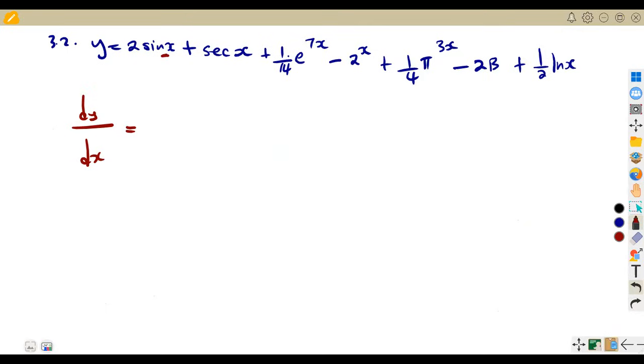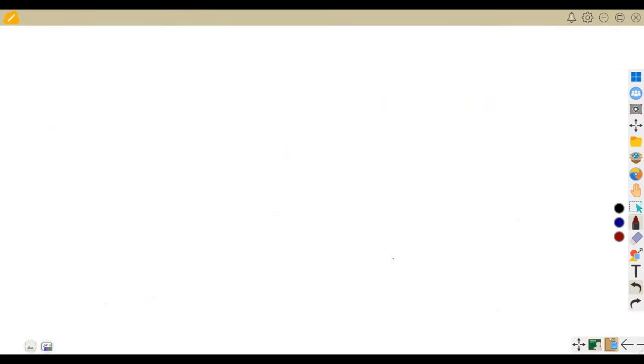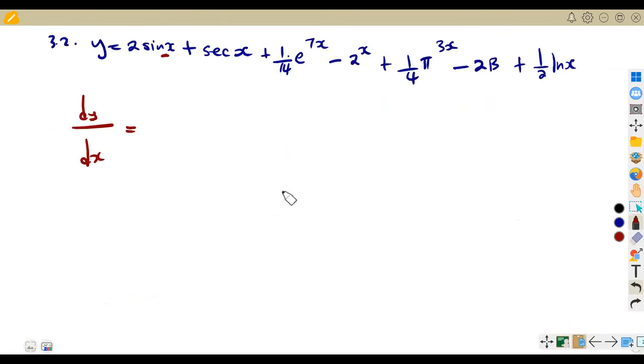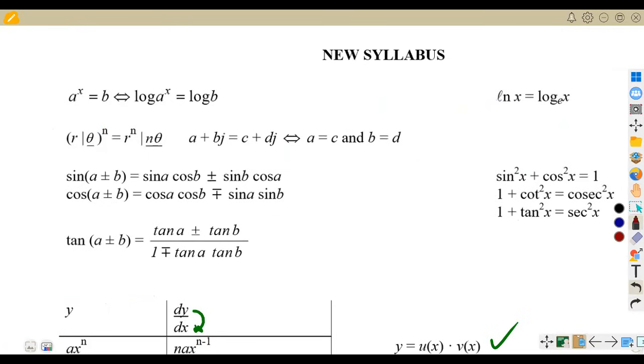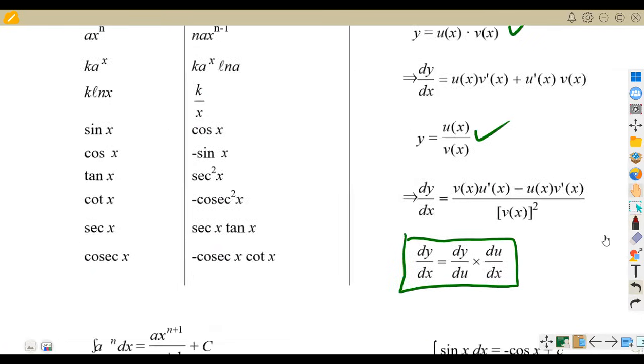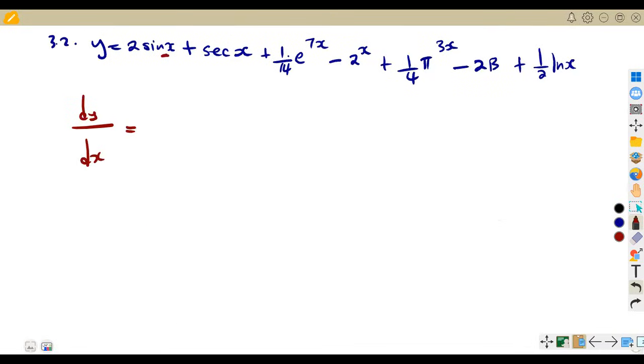Let me just show you also the benefit of our revisions. That is the derivative of a sine, we have everything from our formula sheet. Sine changes to a cos. Then we talked about sec changing to sec x tan x. So these derivatives we have. So we are just going to multiply by 2 in this case, this 2 here.